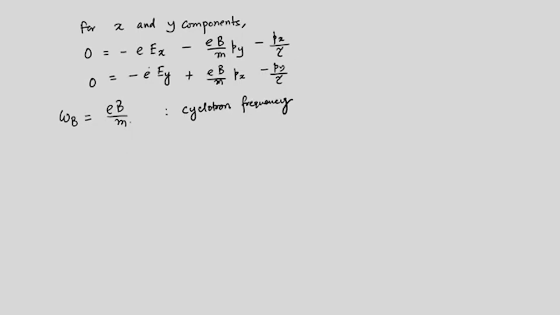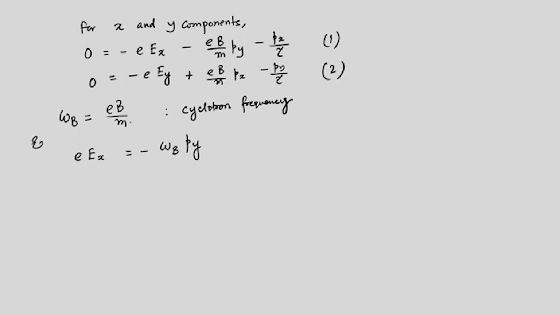All right. So once you get this, we can simplify this equation and write down these equations as Ex equal to minus omega b Py. Let's call these equations 1 and 2.